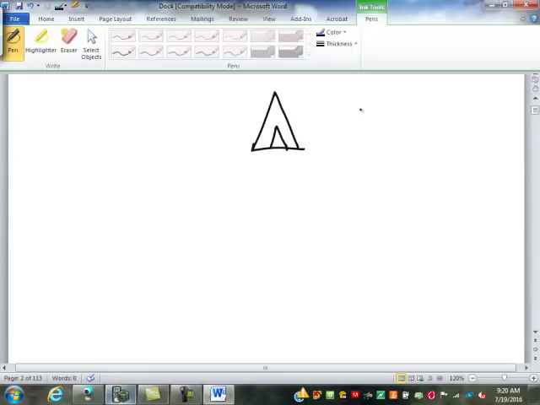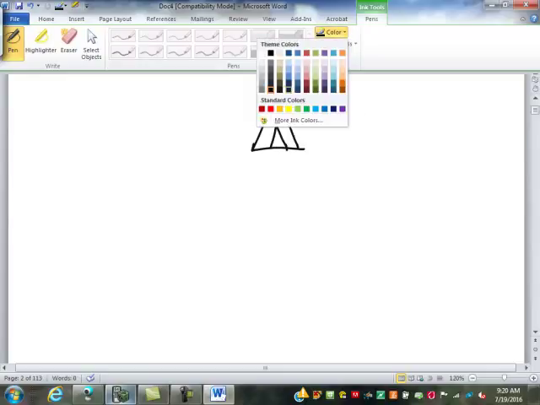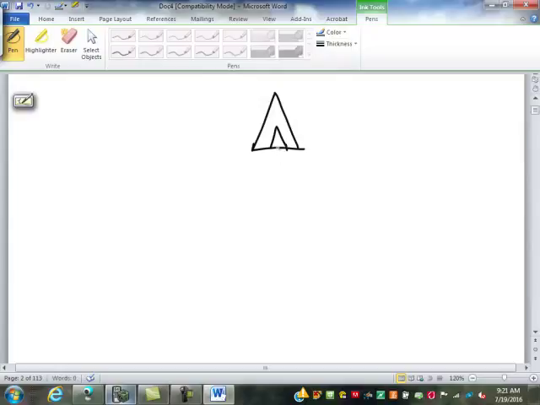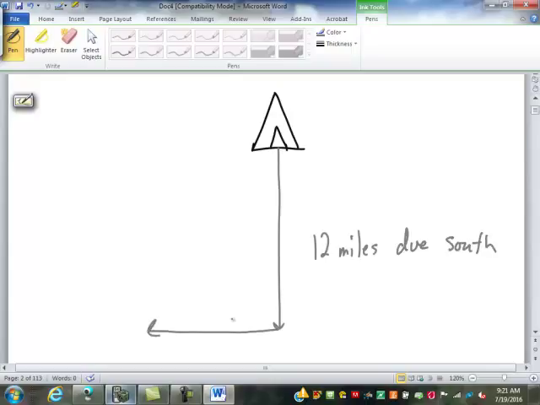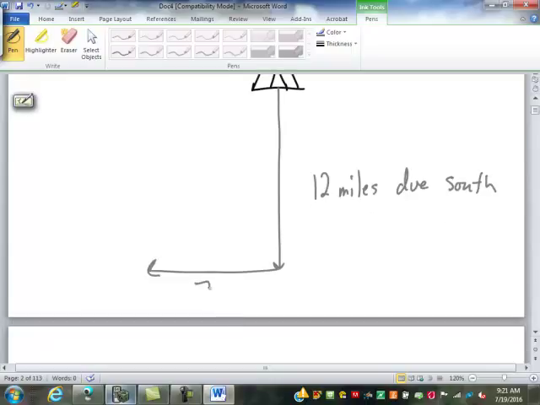Set up hunting camp. And from hunting camp, Pat set out and walked how far south? Was it 12 miles? 12 miles due south. Then he turned and walked 7 miles due west.